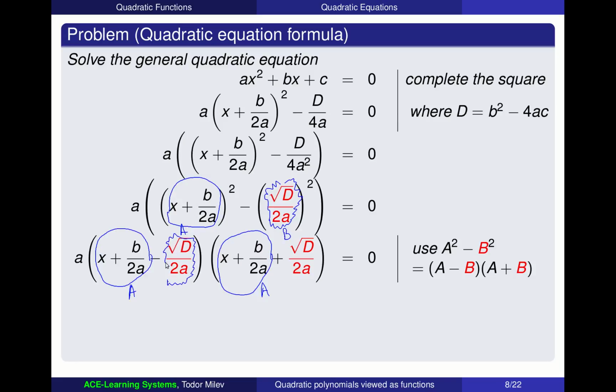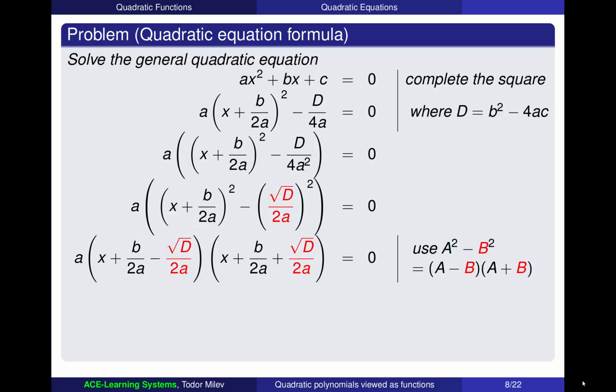That is my b here, and this was my a. So you can see a squared minus b squared is equal to a minus b times a plus b.